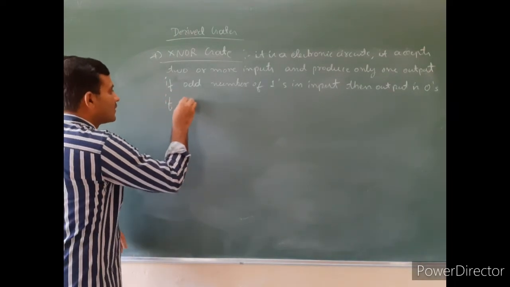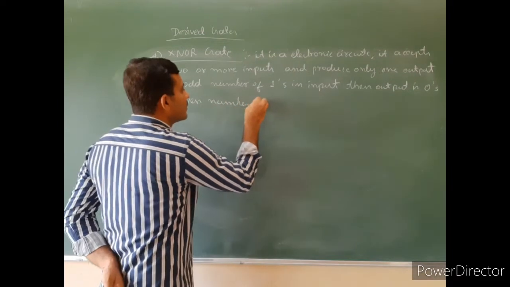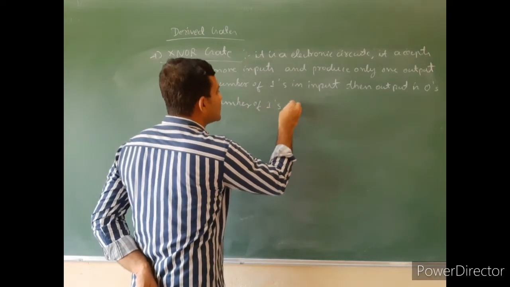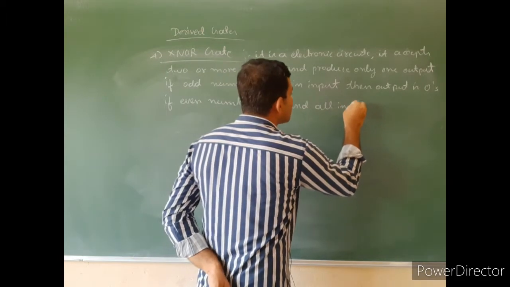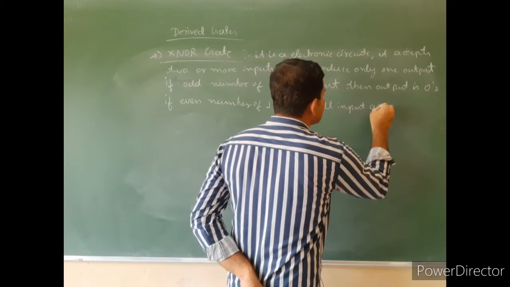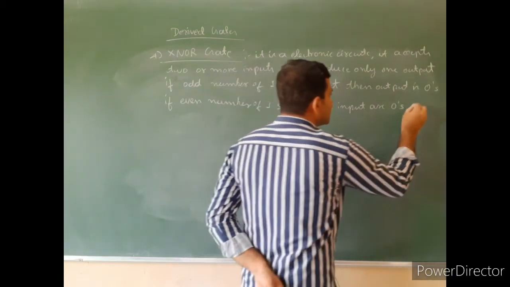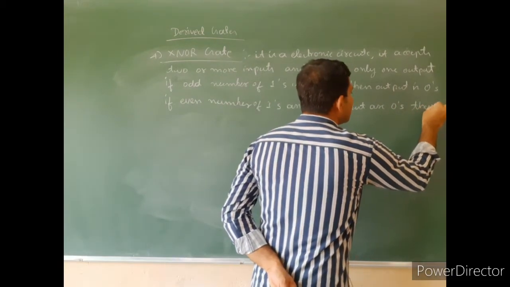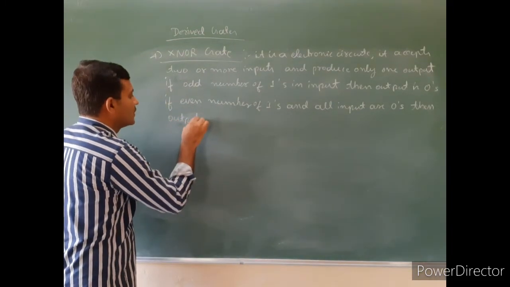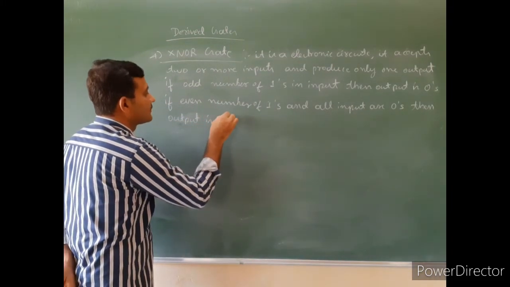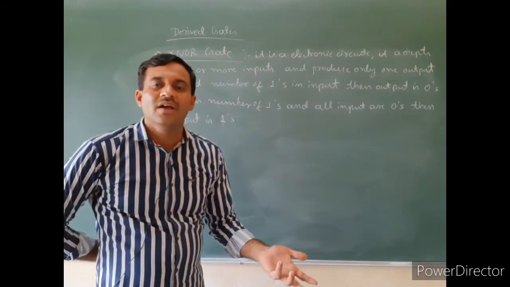If there is an even number of ones, or all inputs are zeros, then the output is 1. It is completely the reverse of the XOR.